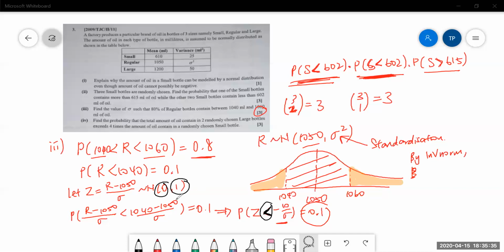You get negative 1.28155. So you will get that your minus 10 over sigma is equal to negative 1.2815. From here, you will be able to find your sigma.